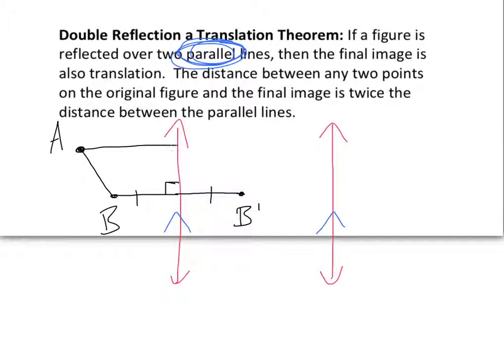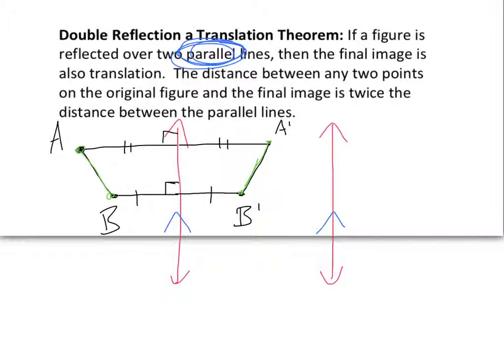And same thing for A. That would be A prime. Let me change the color so you can see it a little better. So that's A prime, B prime right there, the first reflection.